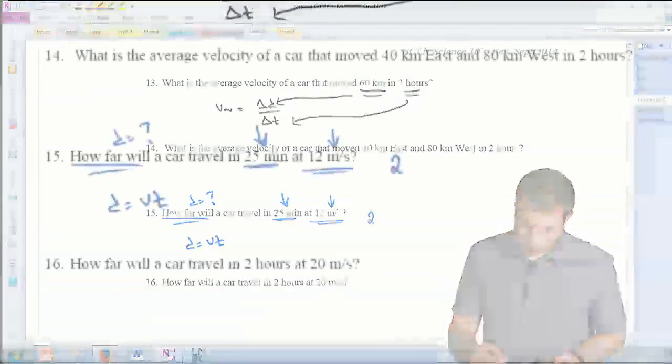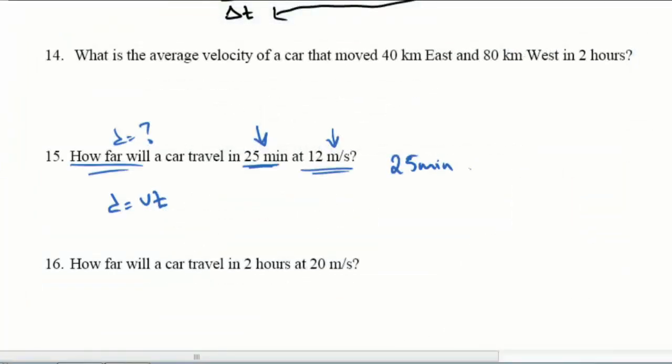So if we have 25 minutes, we want to get rid of minutes, and we want to end up with units of seconds. So if I have minutes on the top, I want to get rid of it. I'm going to put it on the bottom, and I want to end up with seconds. So I'll put it on the top. Now, what is the relationship between minutes and seconds? Well, hopefully we remember 1 minute is 60 seconds.